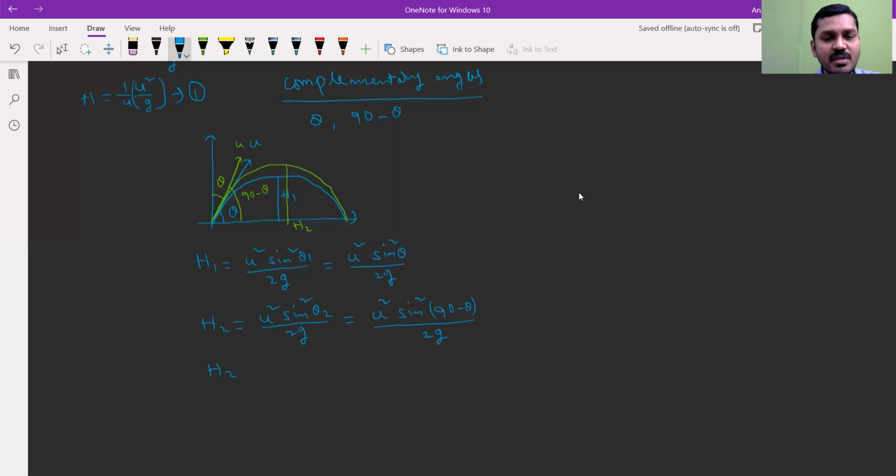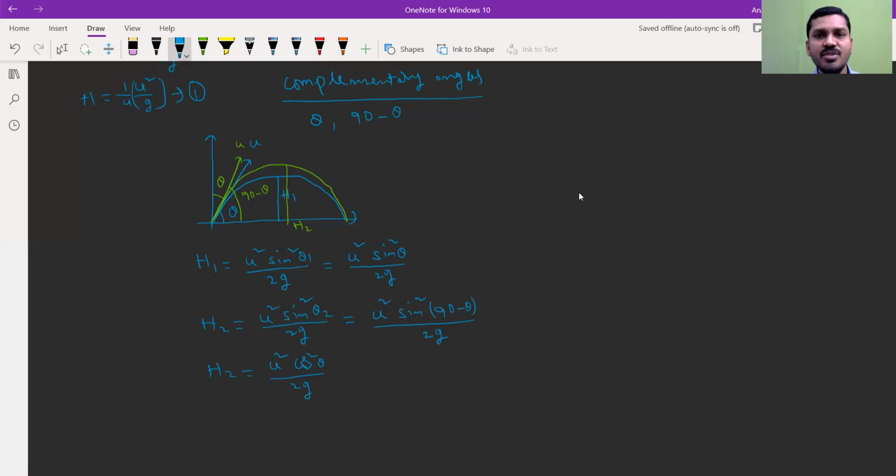Then h2 is equal to, since sine (90 minus theta) is cos theta, directly I am writing here, u square cos square theta divided by 2g.